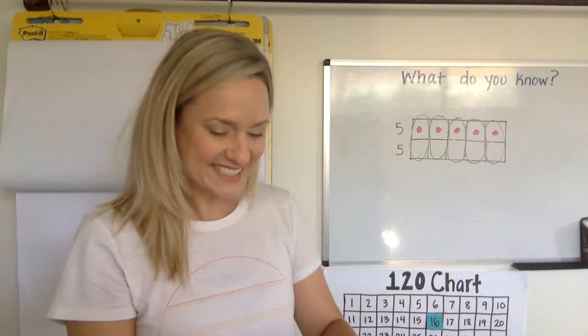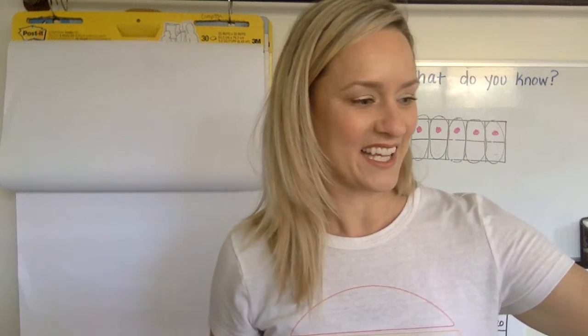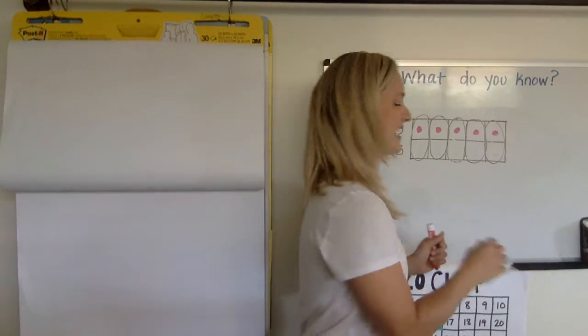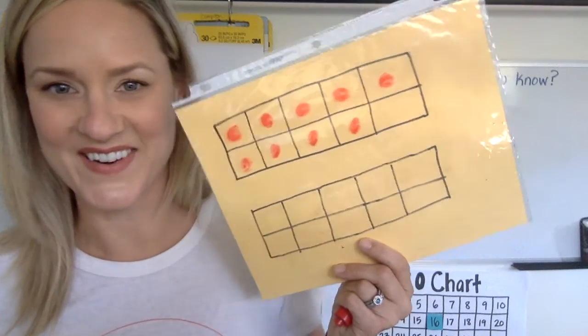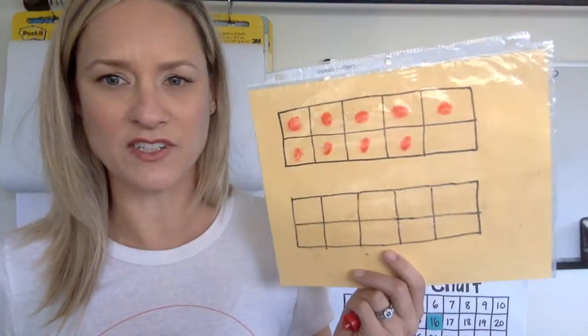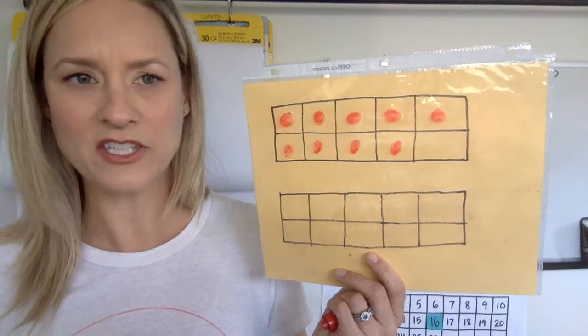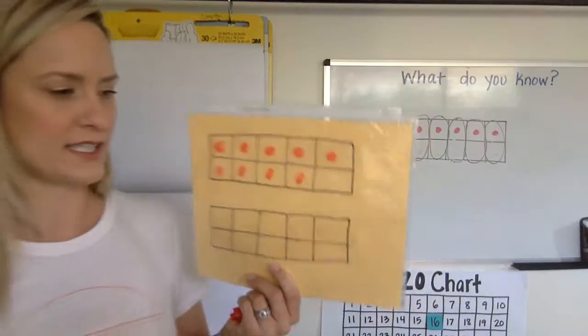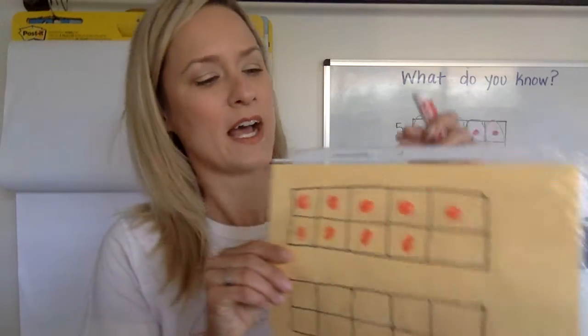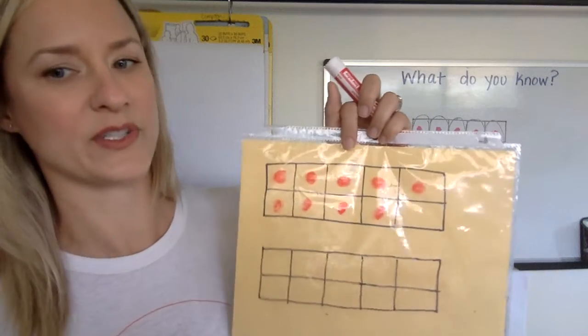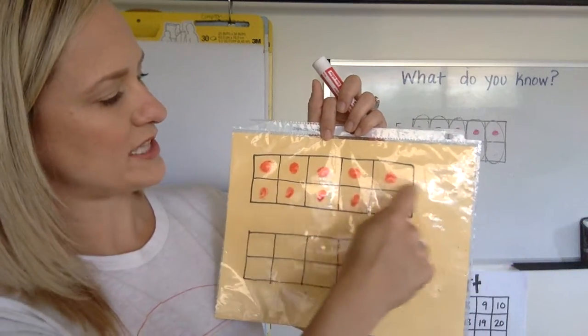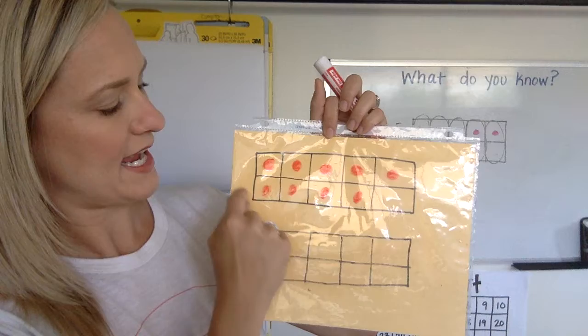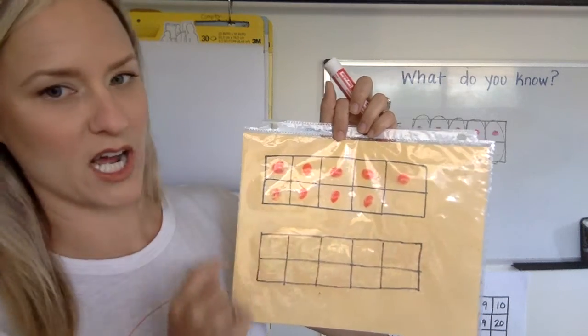Did you see 9 dots? Let's see. It looked just like this. All right. So how did you know there were 9 dots? How did you see the 9 dots? I bet some of you said, I knew the top was 5 and the bottom was 4 dots.